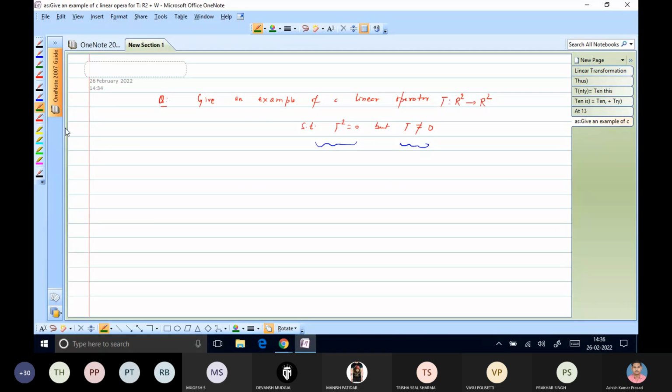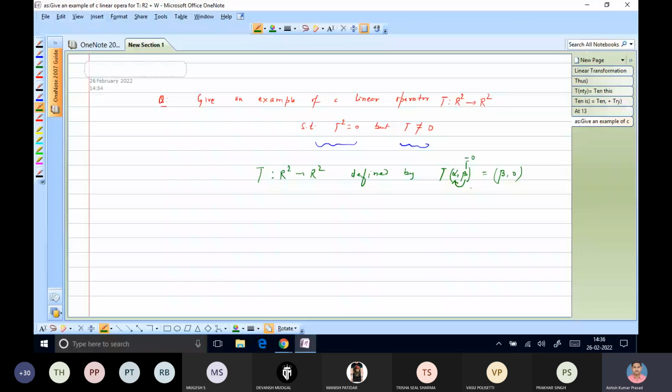See how I am defining. Suppose T is a map from R square to R square, defined by, suppose T maps any element alpha beta to beta 0. See what is the action of T? Second coordinate comes in the place of first, and second coordinate becomes equal 0.